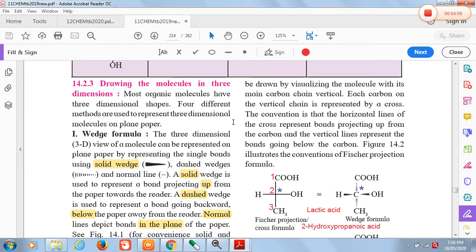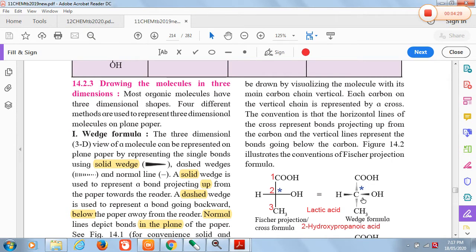So the convention is that the horizontal line of the cross represents bond projecting up from the carbon. So here hydrogen and OH are up. That's why when we write the wedge formula of this Fischer projection, they are shown with solid wedge.